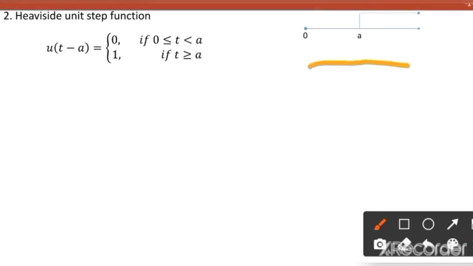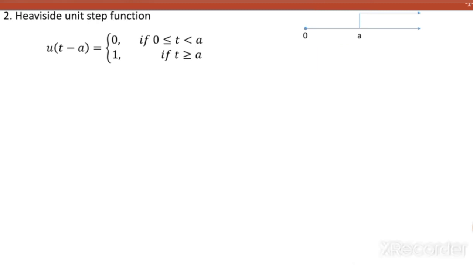So up to a it is 0, then later on from a to infinity it is 1. So it looks like a step, that means it is off then on. In such case, what is the Laplace transform?